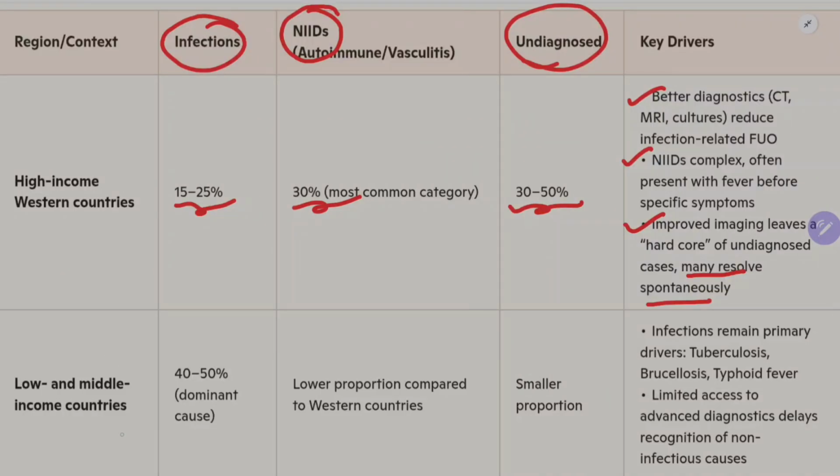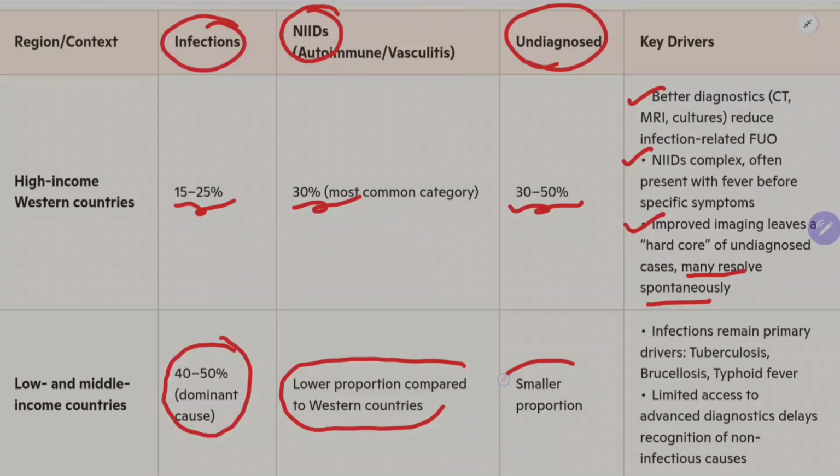In low and middle income countries, infections are still the dominant cause, 40 to 50%. NIIDs, non-infectious inflammatory diseases, are the second commonest cause, but in a lower proportion compared to Western countries. Undiagnosed causes have the lowest proportion.